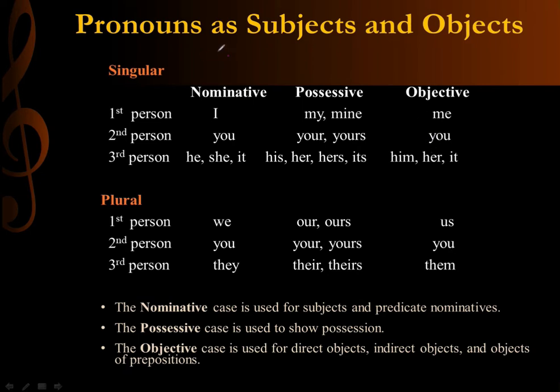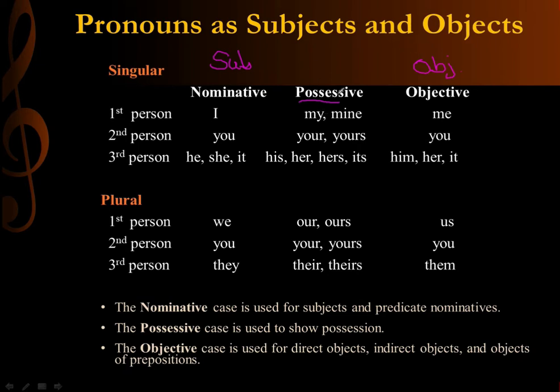The nominative case is used for subjects. The possessive case, of course, just shows possession, and the objective case is used for any kind of object, and that would include objects of the preposition, direct objects, indirect objects. So basically, when we're talking about pronouns as subjects and objects, those are the only two things we really need to deal with.